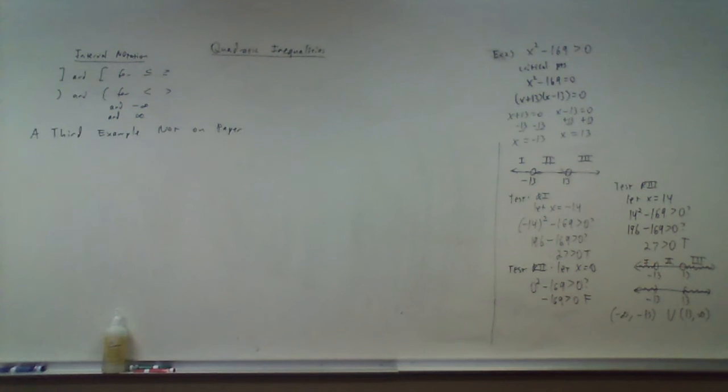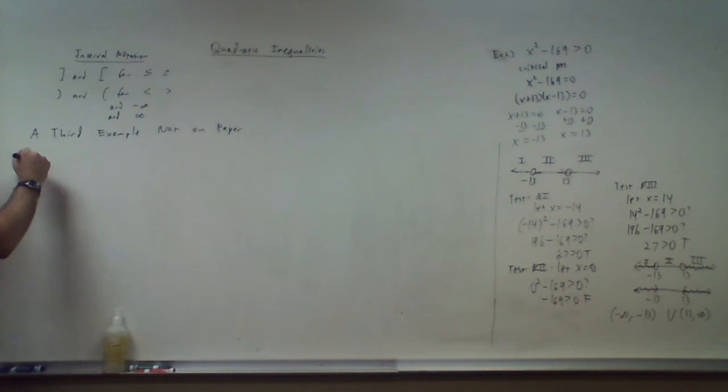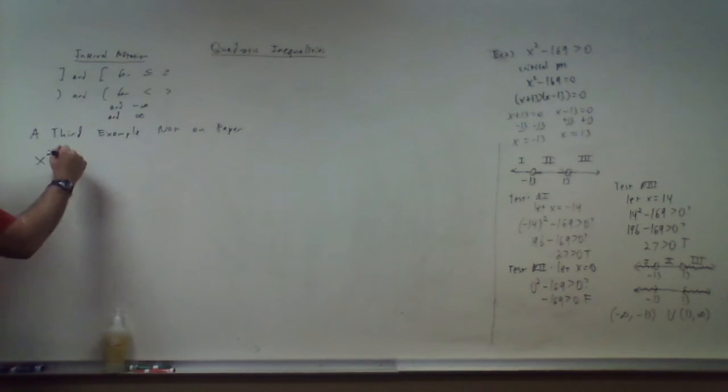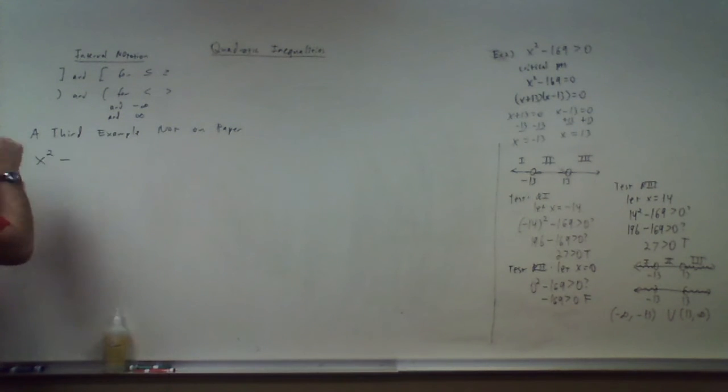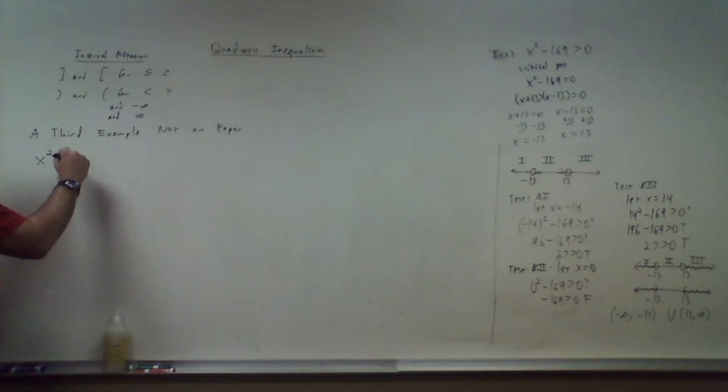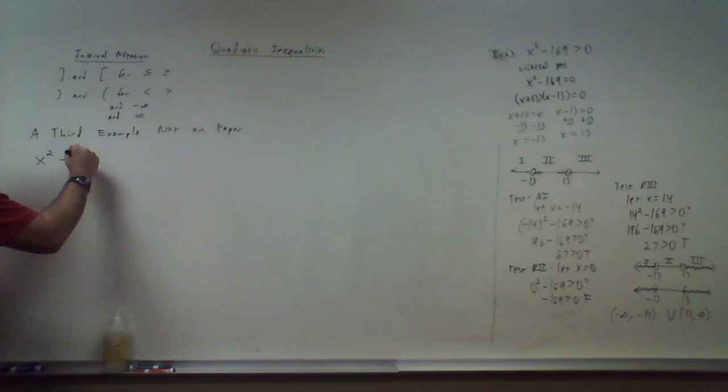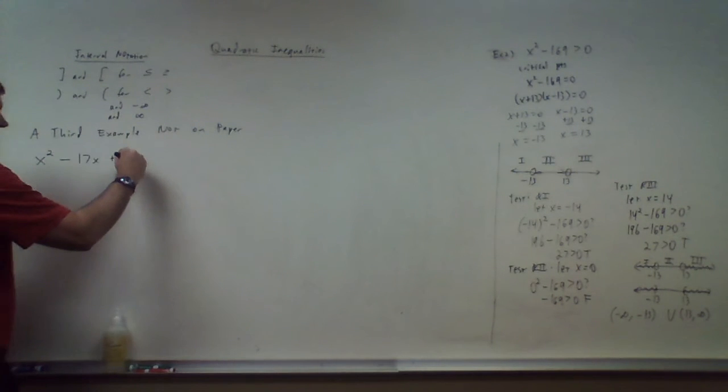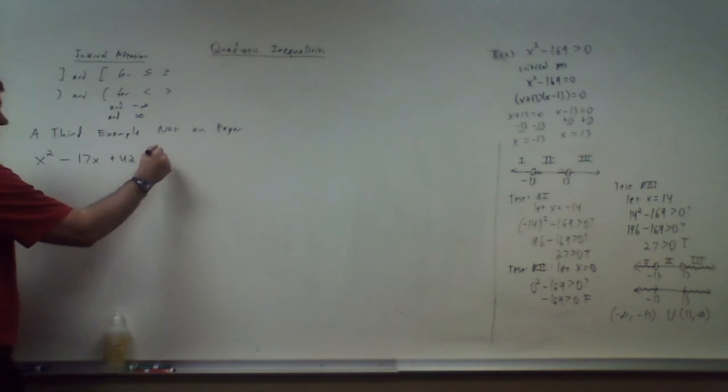Okay? Let's say I have x squared minus 17x plus 42 is greater than or equal to 0.